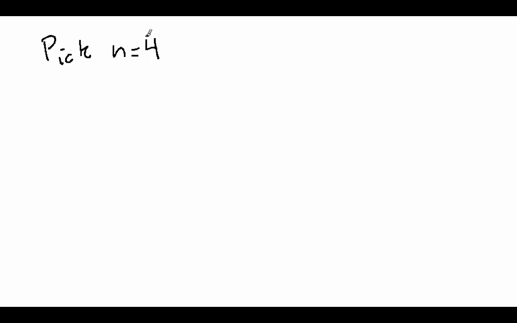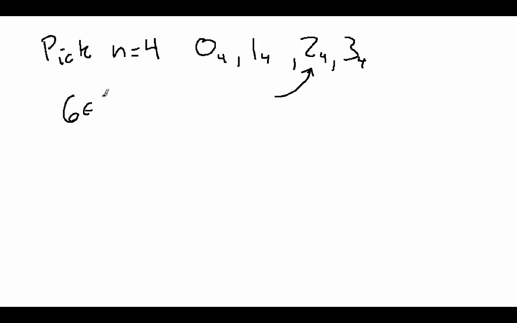And you may recall in the last few minutes we talked about these different sets. I called them 0 sub 4, and 1 sub 4, and 2 sub 4, and 3 sub 4. But I want to pick an example out of 2 sub 4. So for example, the number 6 is contained in this set 2 sub 4.